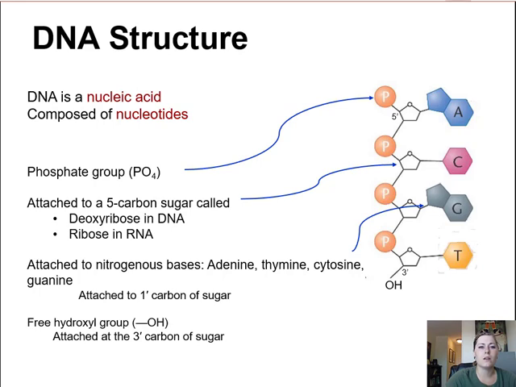And then that will be attached to a nitrogenous base. The nitrogenous base will always be attached at the 1' location of the sugar. Then there will also be an open 3' end. And the open 3' end is then used to add another phosphate group to build another section of DNA.